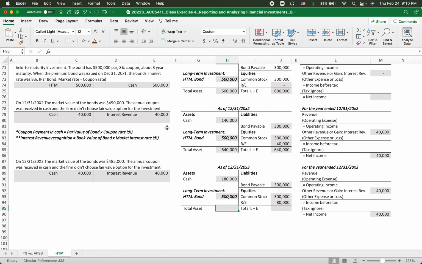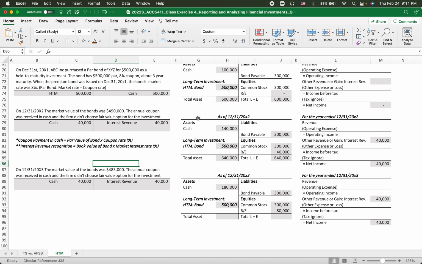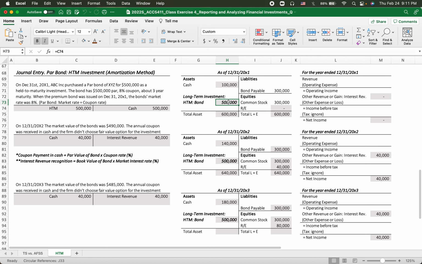The bond cost doesn't change, because amortization has nothing to do with par value investment, because the par value $500,000 doesn't change.